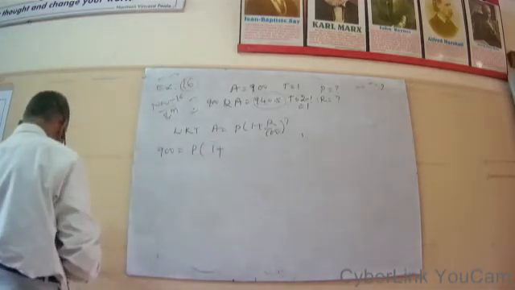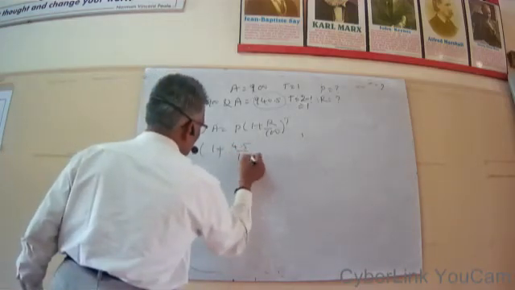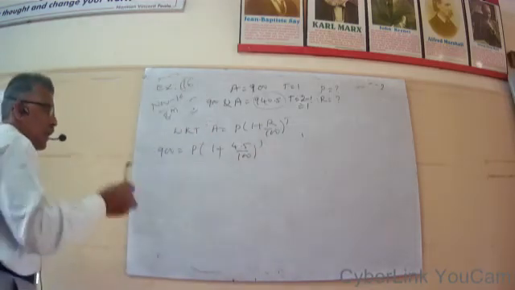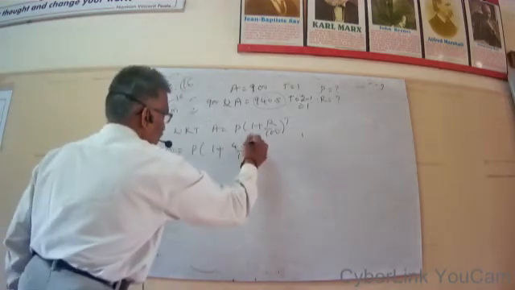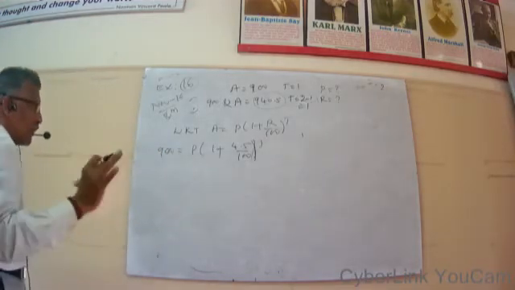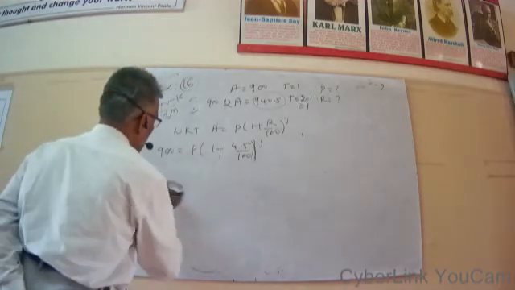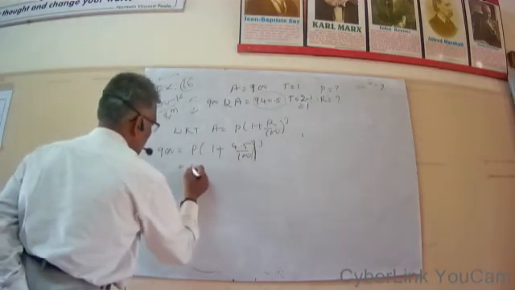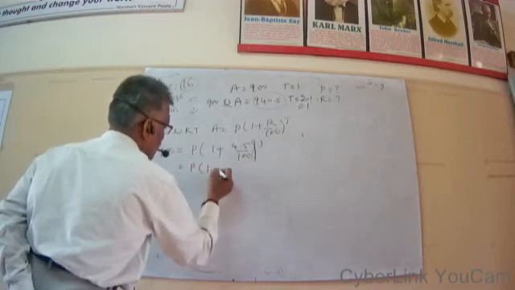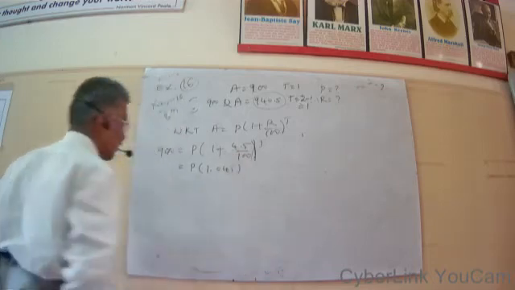R is 4.5. 4.5 divided by 100 raised to 1, after the end of the first year. At the end of the first year, how much does it become? It becomes 900. P we don't know, the original P we don't know. So you have to determine the original sum. So this equal to P into 1 plus 4.5 means 1.045 raised to 1.